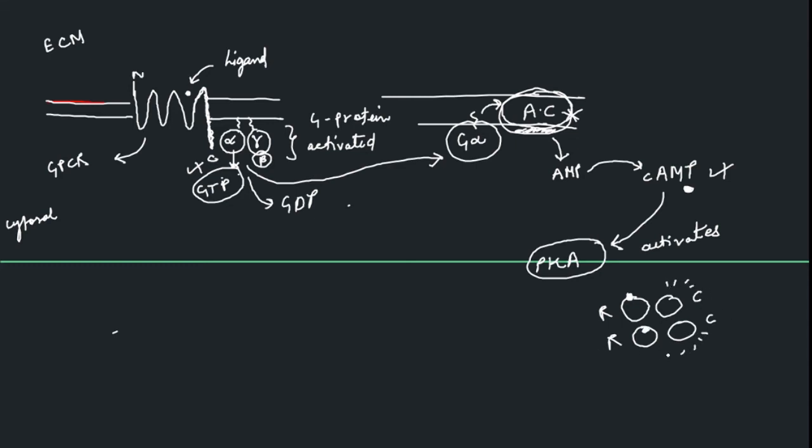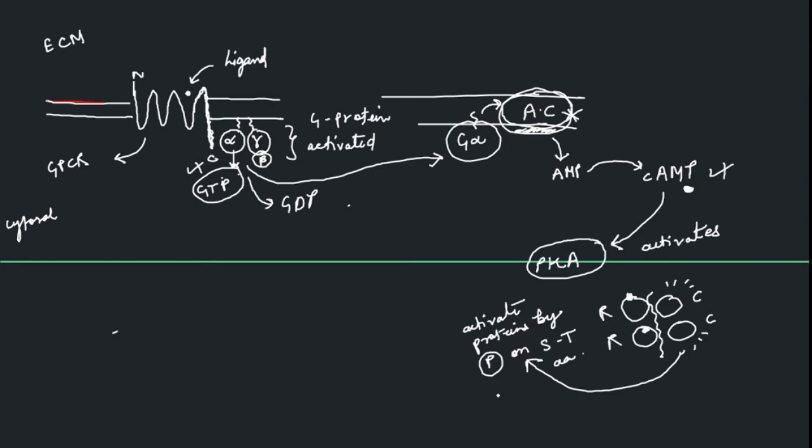okay, and then these catalytic subunits will move to perform their effector function, which is to activate proteins by phosphorylating them on their serine and threonine amino acid residues.